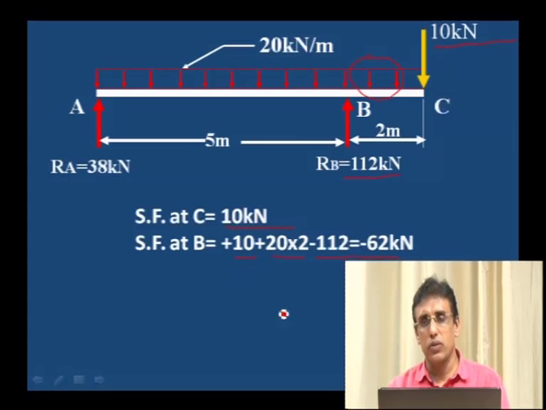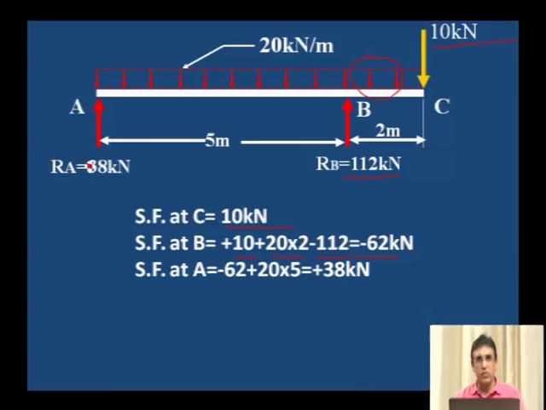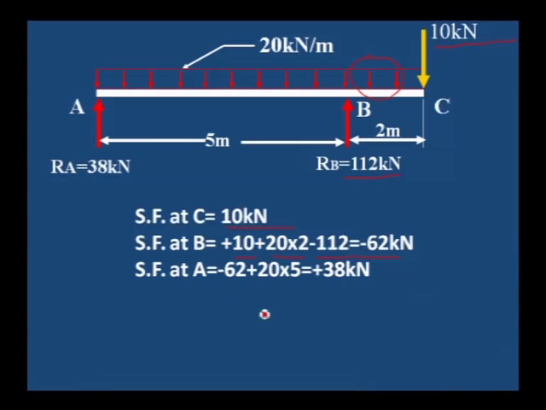Therefore, minus 62 kilonewton is the shear force at B. Shear force at A: minus 62 is the previous value, plus 20 into the balance UDL, 20 into 5. 20 into 2 is already considered in the previous value and 20 into 5 is the balance. Therefore, 38 kilonewton is the shear force at A, which is equal to the RA value.